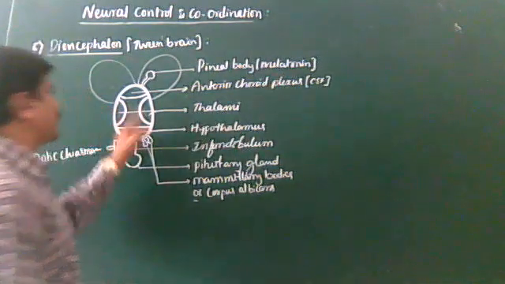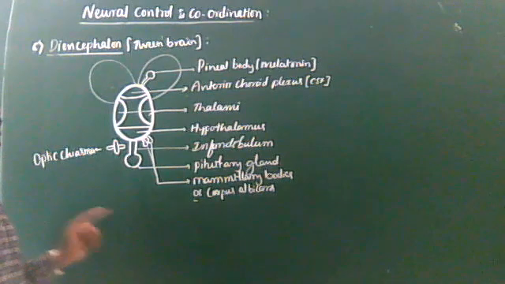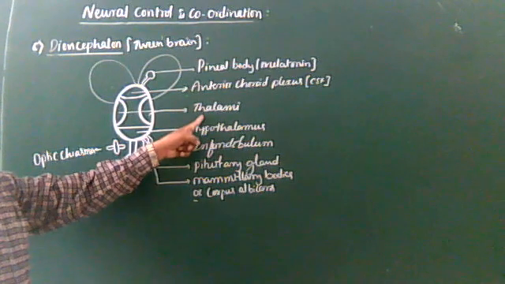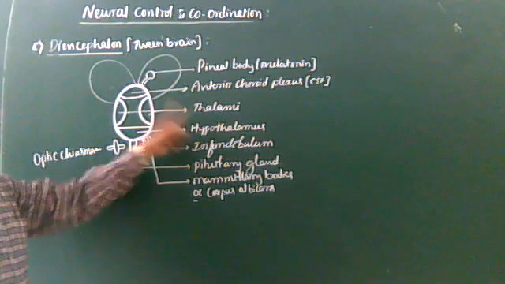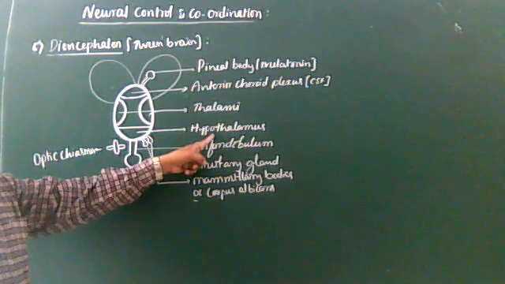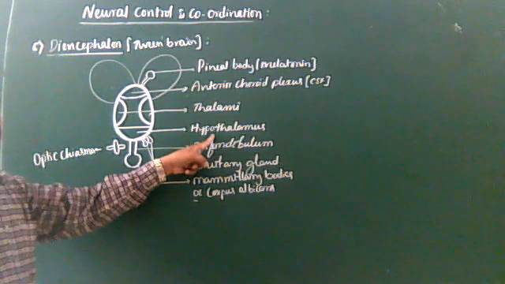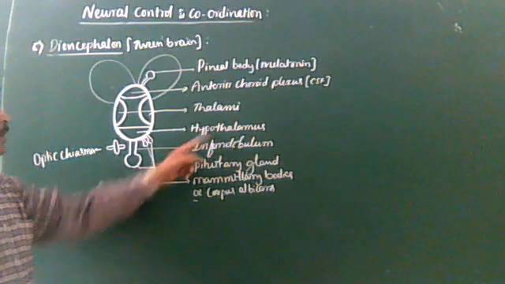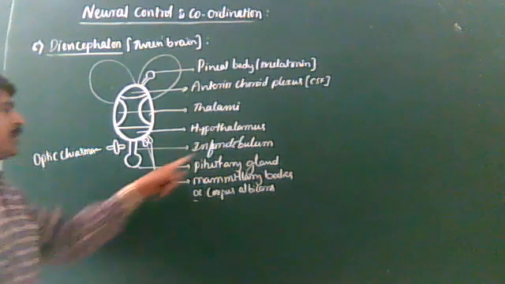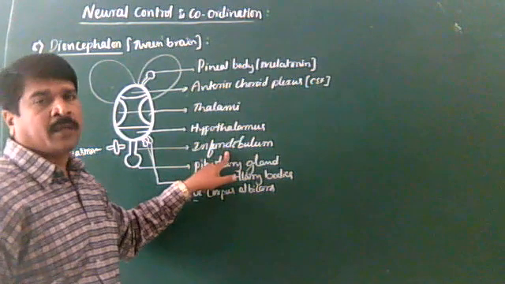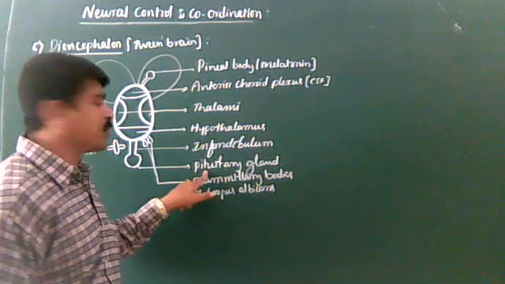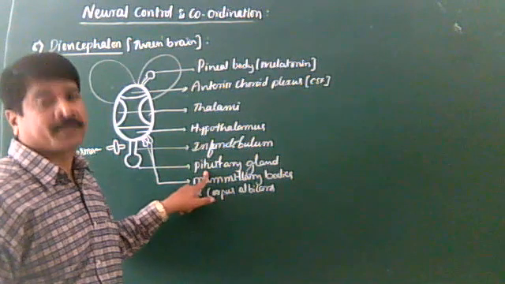The side walls of the diencephalon contain two oval masses of gray matter called thalami. Below the thalamus there is a hypothalamus. It contains gray matter and forms the floor of the diencephalon. On the ventral side there is a stalk-like structure called the infundibulum, to which the pituitary gland is attached.